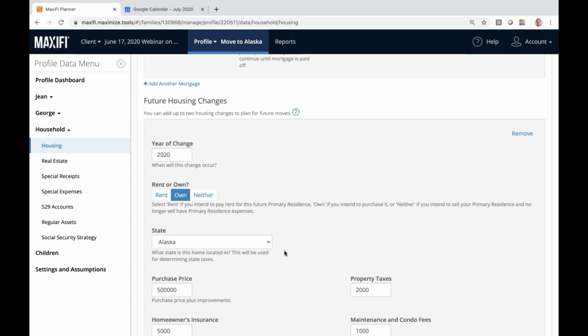I know they give money to everybody because they get this oil revenue. I just don't recall whether they're one of the 8 states that has an income tax. But anyway, whatever that income tax is, whether it's zero or some positive amount, it's going to be calculated by the program.